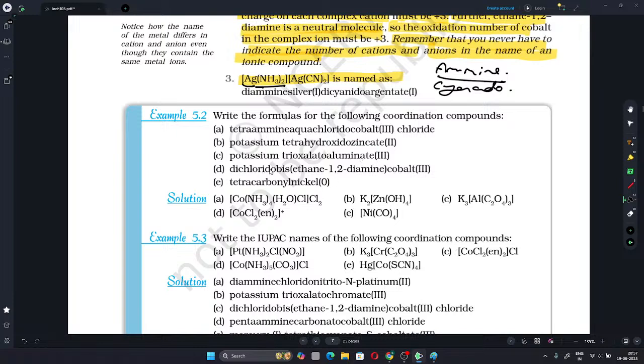The third question, potassium trioxalato aluminate. Potassium trioxalato aluminium is the one. Oxalato is the C2O4 group. It is thrice.